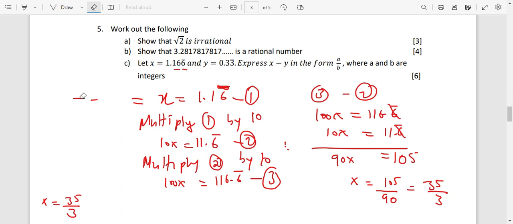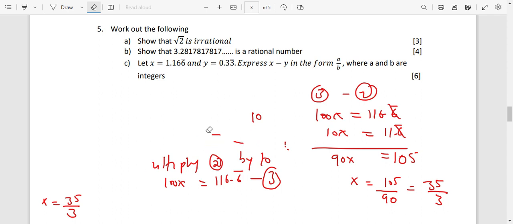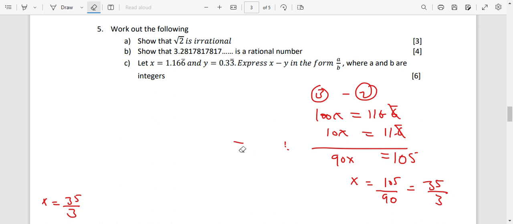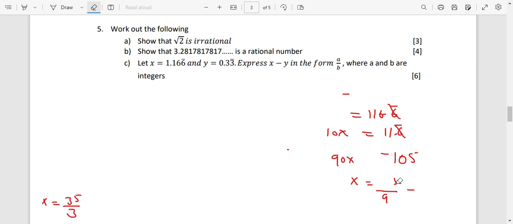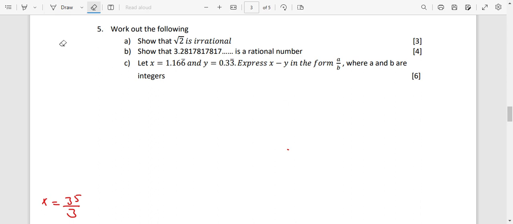Also express y as a fraction. I hope it's okay. Do we have a question? Priska, is this clear? Yeah, which number did you use to divide first?